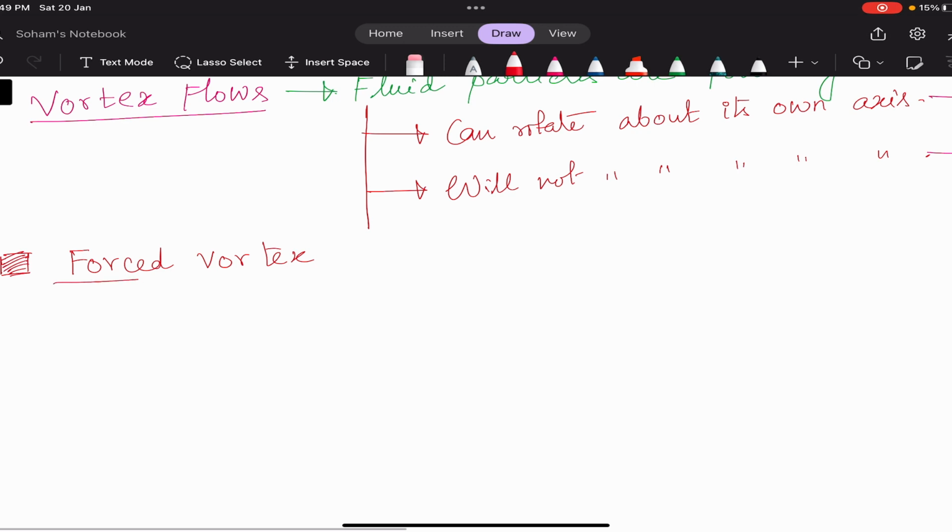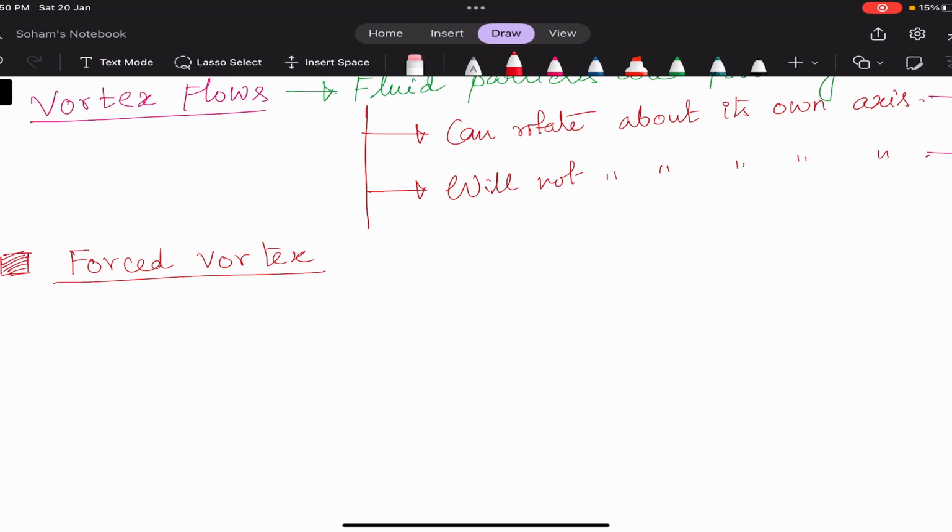The practical example of a forced vortex: if you are washing clothes in a bucket, then to mix the detergent with water, you can give a whirling motion to the water by your hand, and that is what a washing machine does, right?